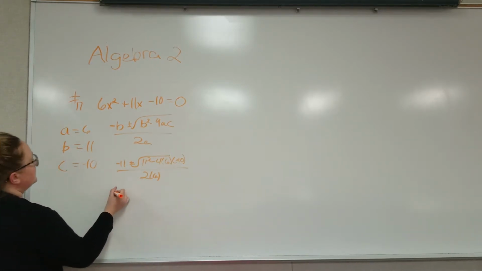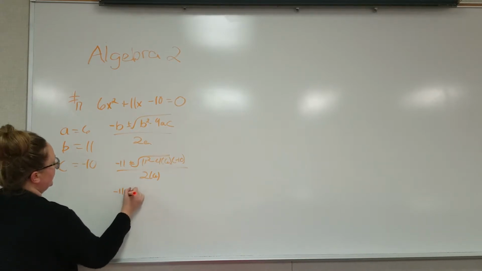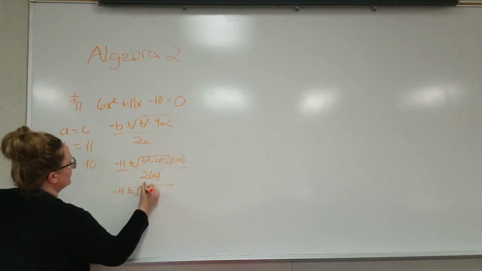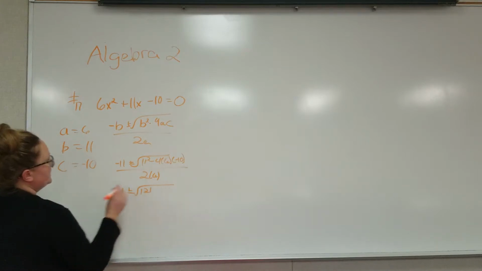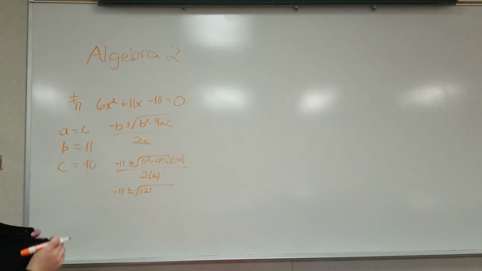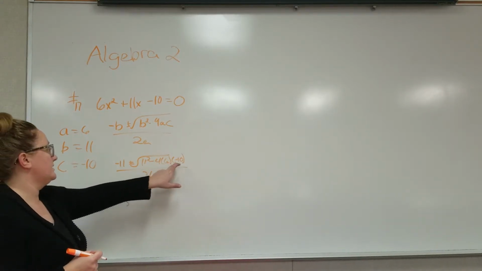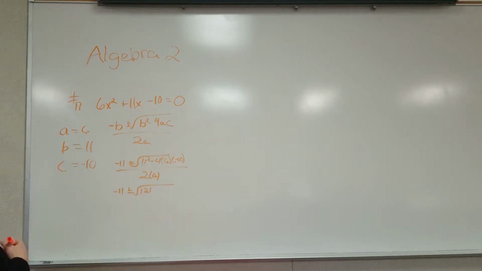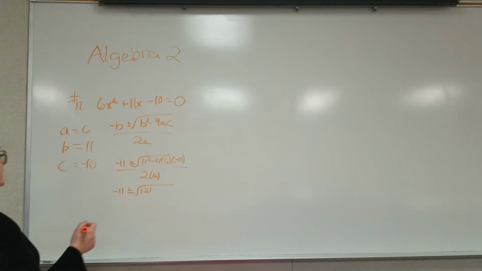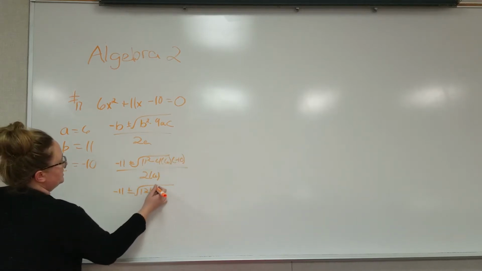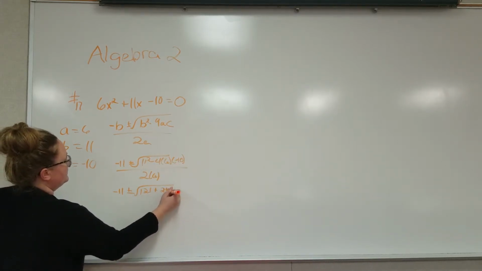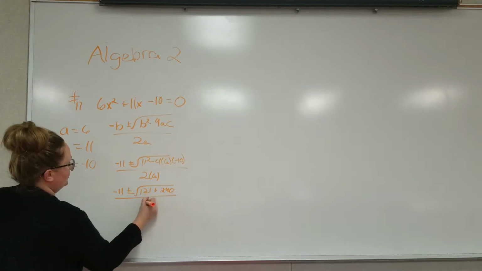So we have negative 11 plus or minus 11 squared is 121 minus 4 times 6 times 10. So actually it's a negative 4 times 6 times negative 10. So it's going to give you a positive, and those three numbers multiplied, that's 24, and then times 10 is 240, over 12.